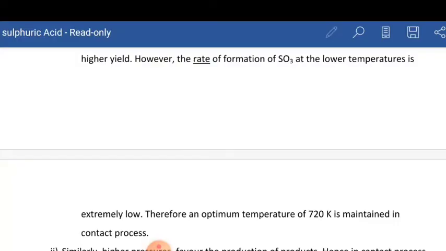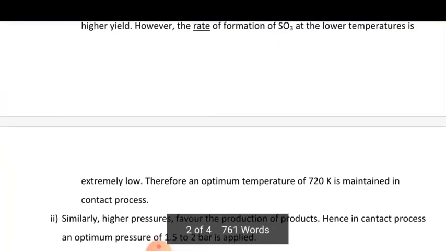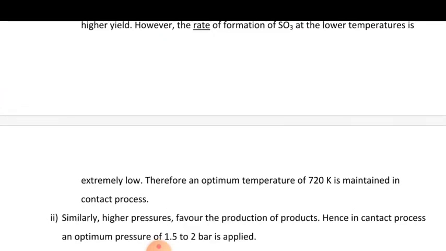Temperature. Even though the process is exothermic, at low temperature the rate of formation of sulfur trioxide is low. Therefore, we apply 720 Kelvin and maintain it throughout the process.